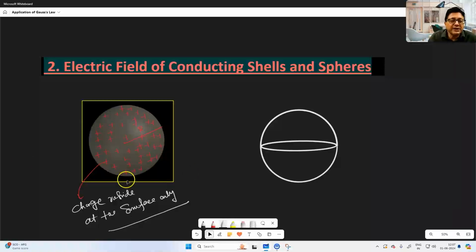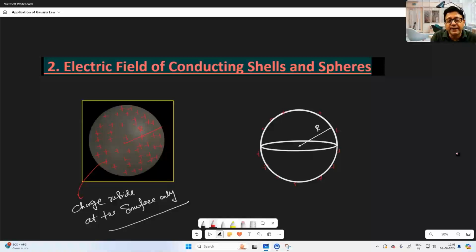So if it is not clear from this diagram, I have taken the 2D view here. This one has radius R. No charge will reside inside the sphere. We have to find electric field due to this charged sphere. Charge resides on the surface only.